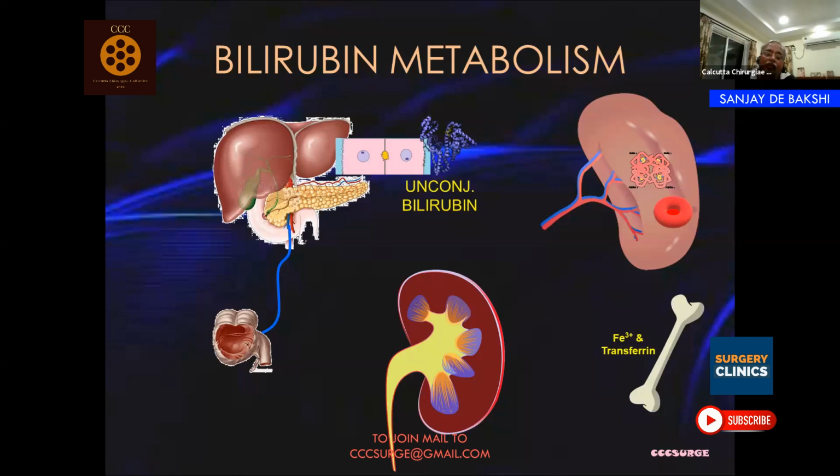So you have Dubin-Johnson and Rotor syndrome. Now you have conjugated bilirubin being formed out here. It's conjugated in the hepatocyte, two conjugations, so diglucuronide. So it now gets excreted, and if you have a problem in excretion, you have something called conjugated hyperbilirubinemia. So remember these two terms.